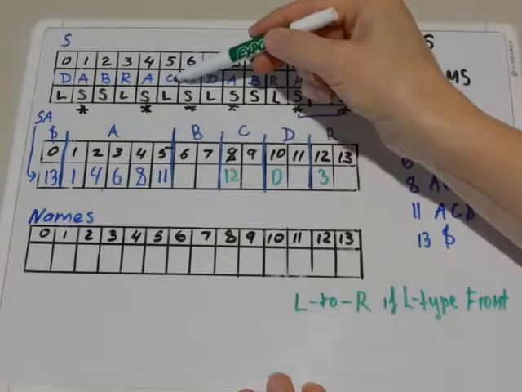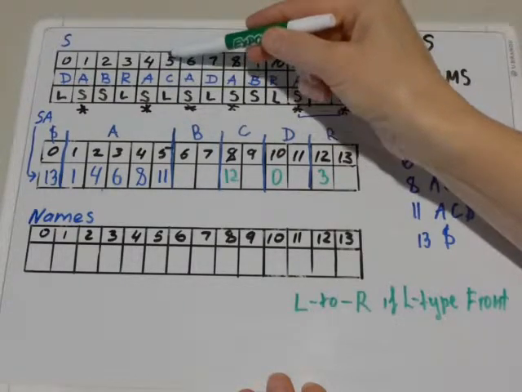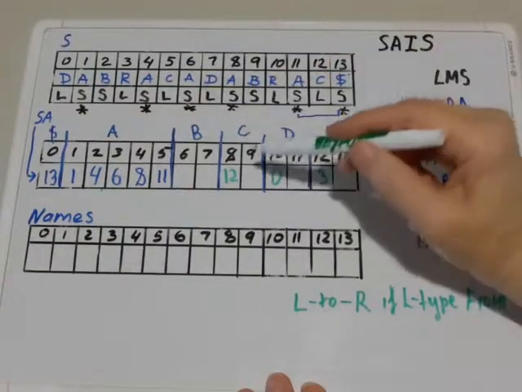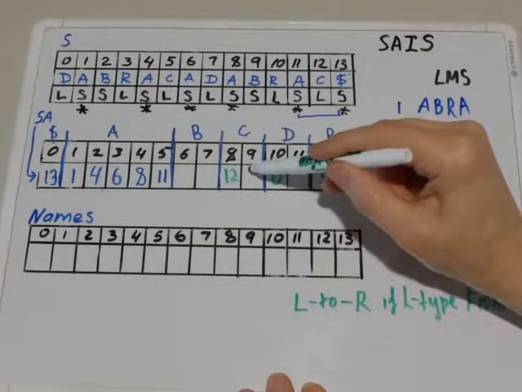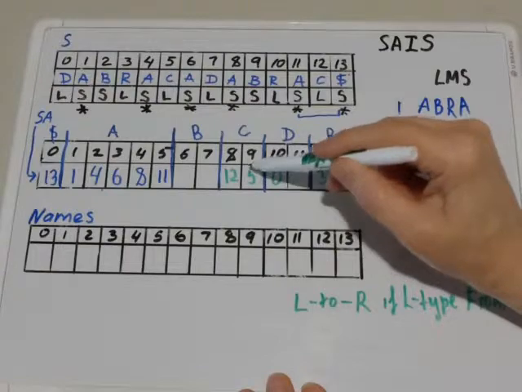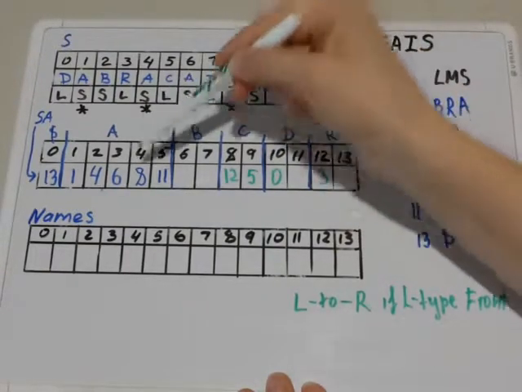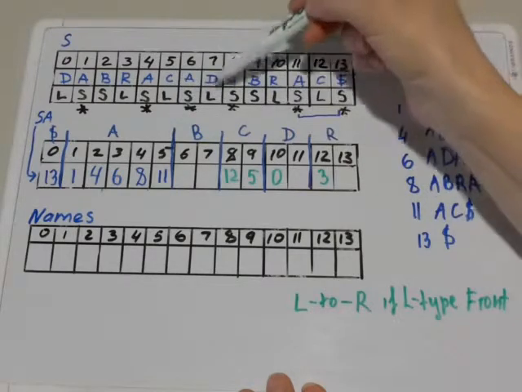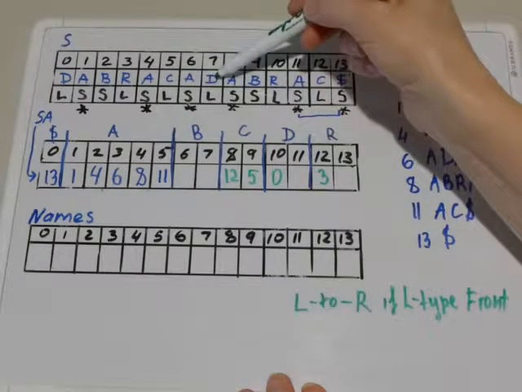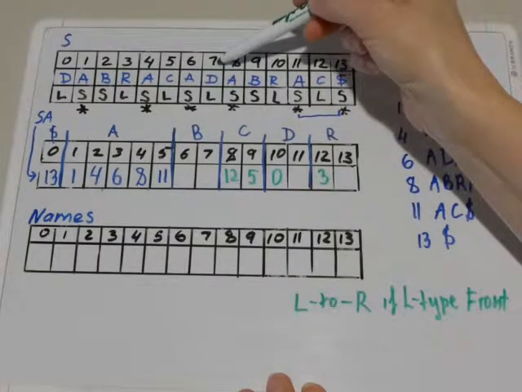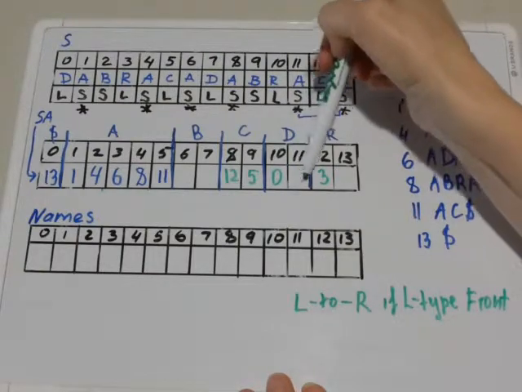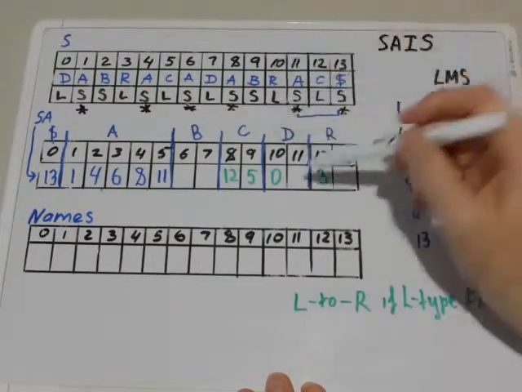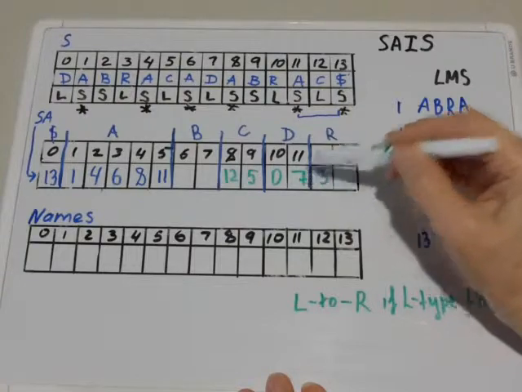Put it in the C bucket. Position 5 goes in the C bucket in the front. The next front available in C bucket is here, 5. 8 minus 1 is 7, L type, D bucket, front. 7 goes into the next available front of the D bucket, right in here.